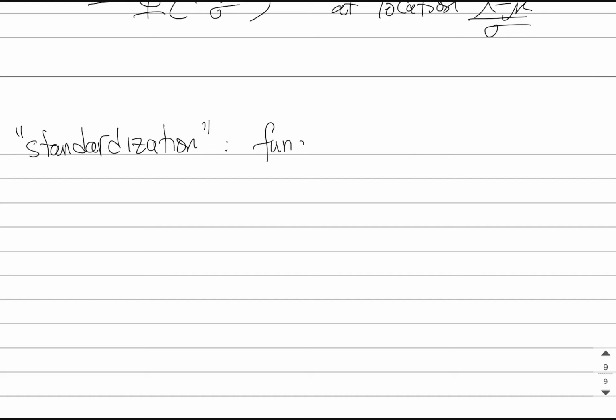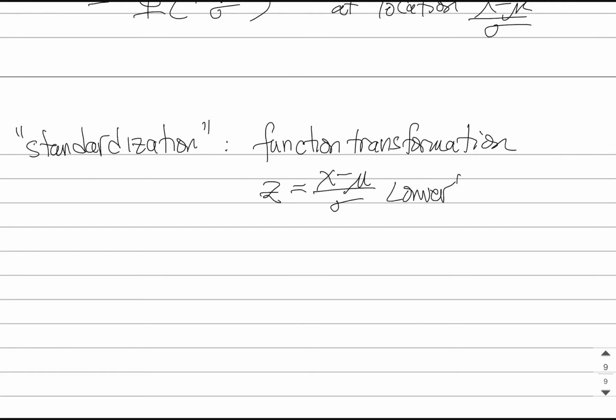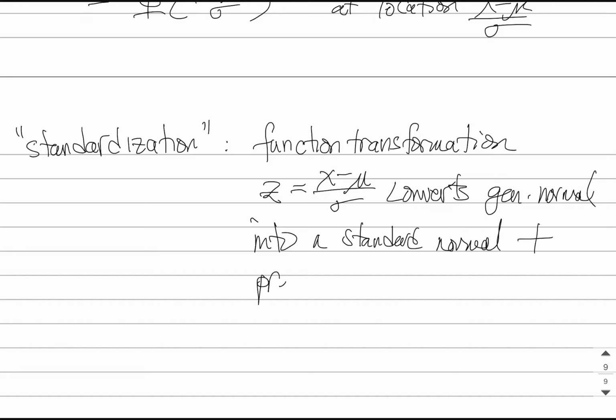The function transformation, where we say z is x minus mu over sigma, takes a general normal into a standard normal, and it will preserve areas. That's the important part here.